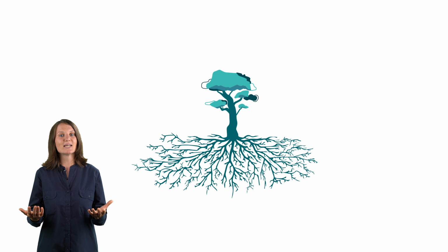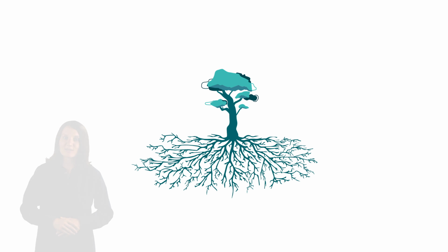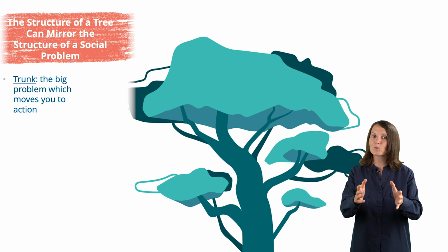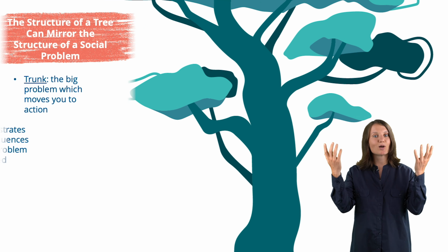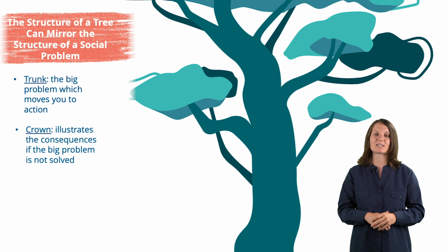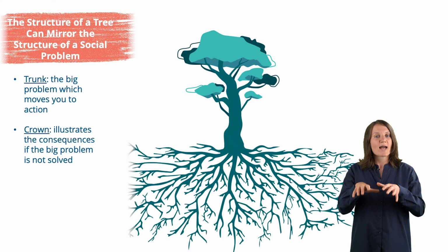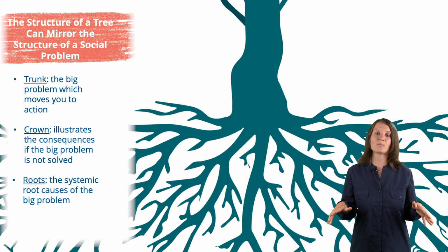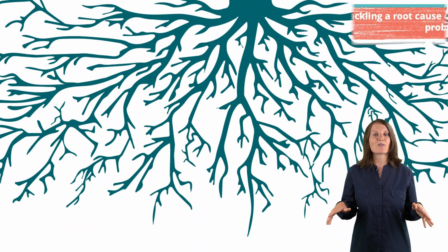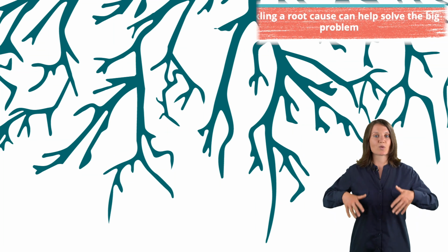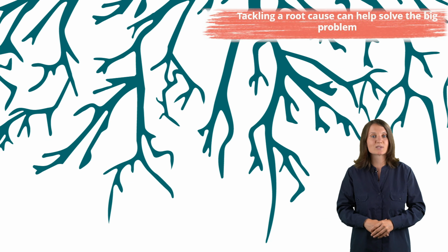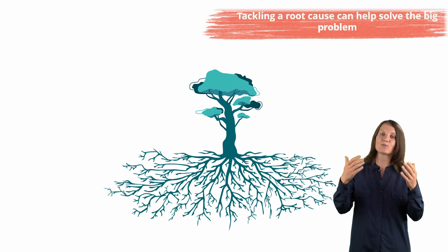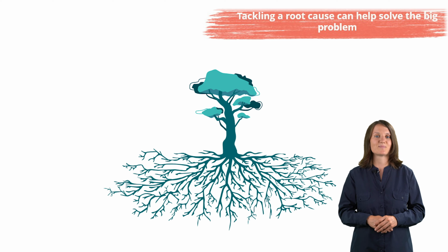Our problem tree will consist of three elements: a trunk, which embodies the big problem, which moves you to action; a crown, which illustrates the consequences if the problem is not solved; and the roots of the tree, which stand for the systemic root causes of the big problem. The journey from the roots to the crown is that of causal links. If the root is fixed, the consequences in the crown are likely to feel better.